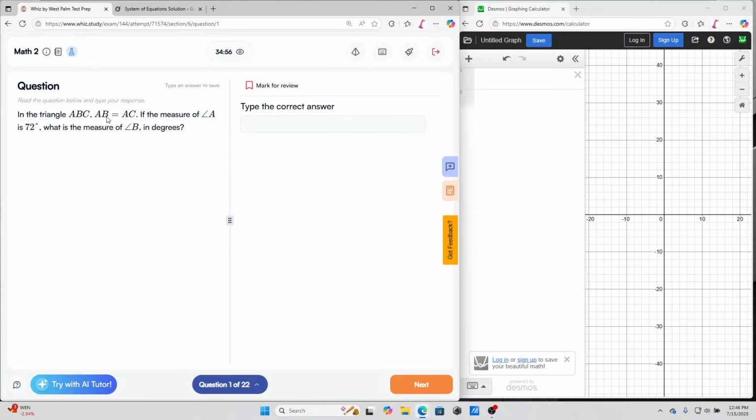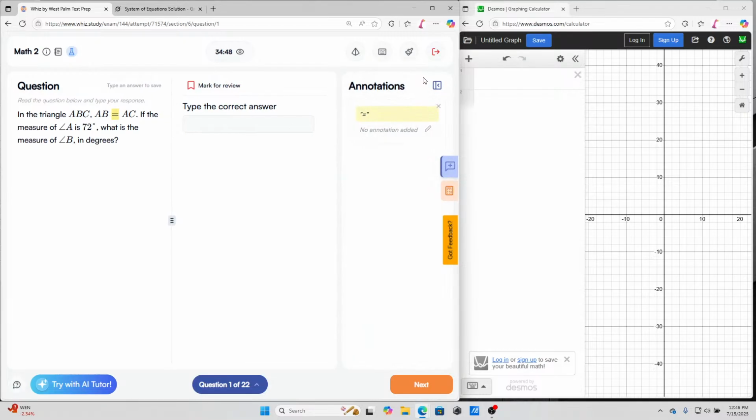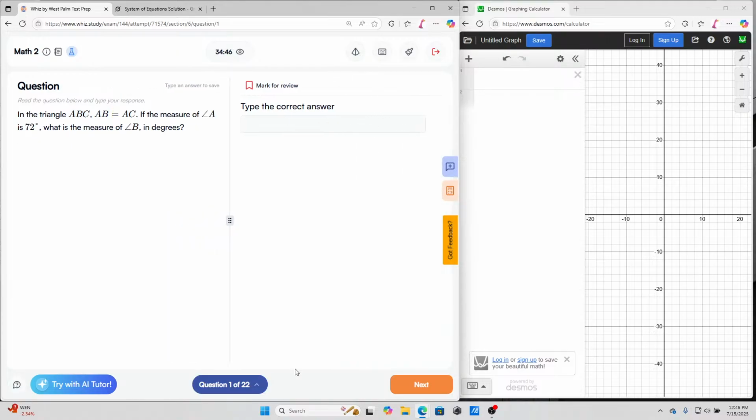Okay, in the triangle ABC, AB equals AC, if that's 72. So A is 72. What's the measure of B in degrees? AB equals AC. So this is the isosceles. So A is 72. Okay, so A must be the top one. A is 72, B is 72.